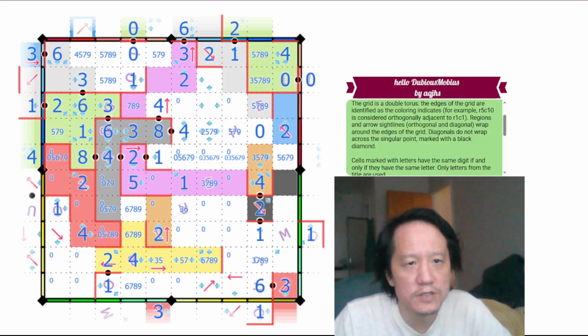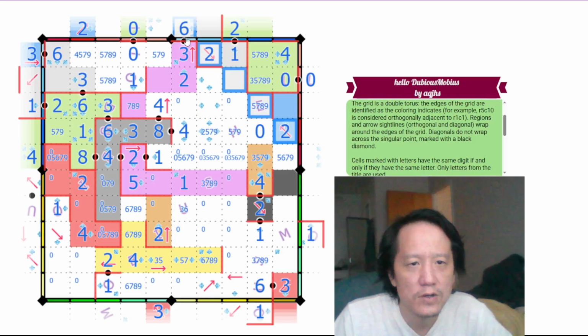Oh, this matches here, right? And it does see 2, so it sees 1, 2, 3, 4. And it must go that way. So it goes that way. Yeah, that sees itself. So that's good. Okay.